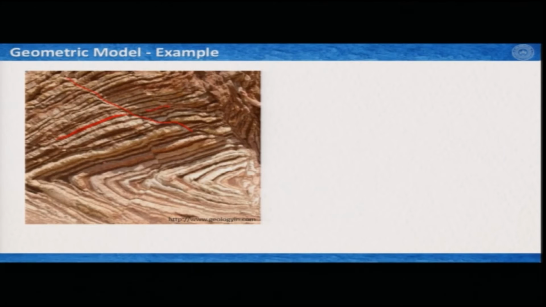Similarly, if I look at this brown layer and again I have a discontinuity here, then my challenge is to find out whether it is this one or the other one. Whatever interpretation you make out of this, whether this is this layer or the other layer, you have to come up with some sort of logic, and this logic is the fundamental of geometric model.